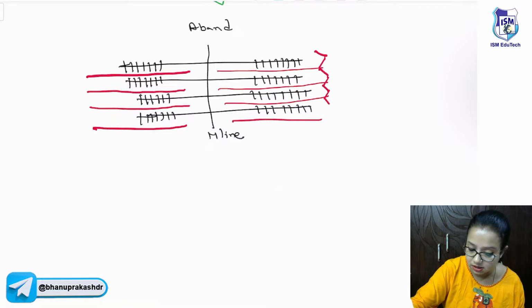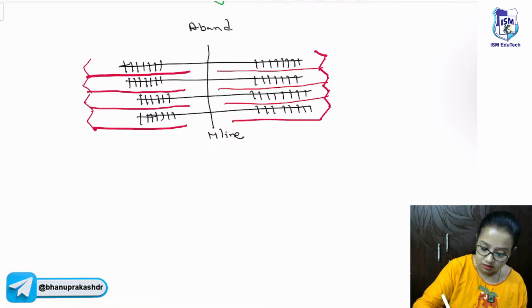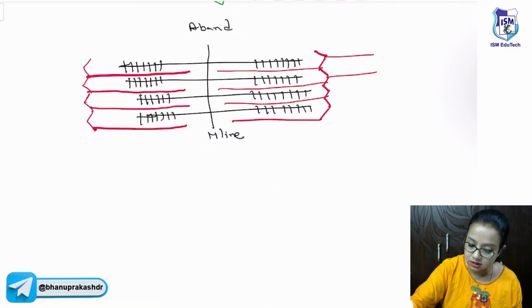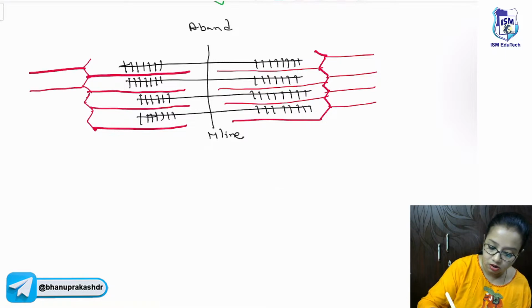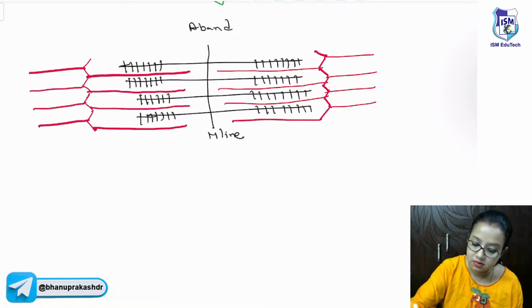During contraction, the actin and myosin move closer and touch each other.